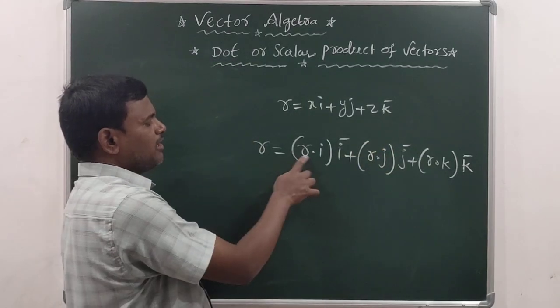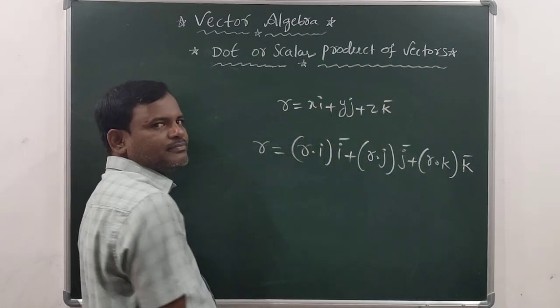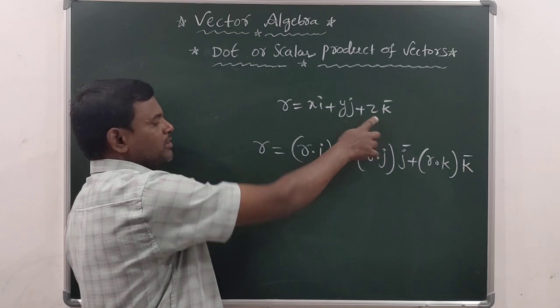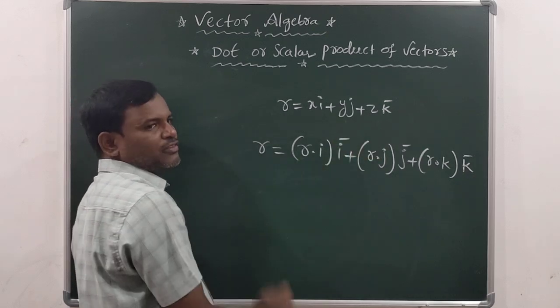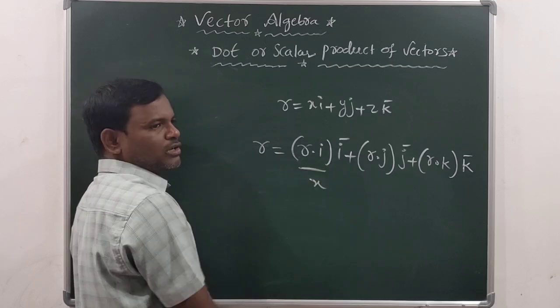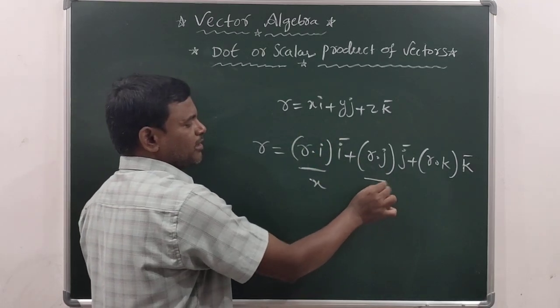If you simplify R dot i, you multiply this with i, so these two terms become 0. Then what is left? X will be left. If you find R dot i, you get X only. R dot j, you get Y.